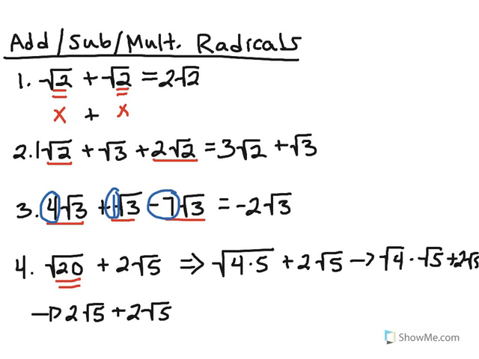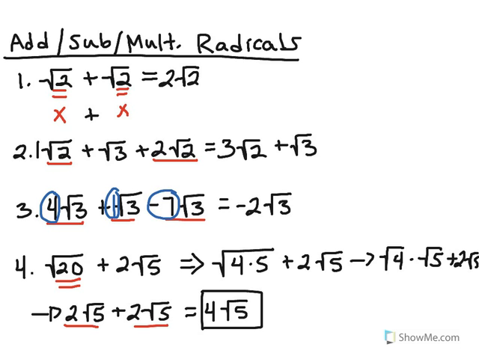Now I have like radicals, and I can combine them. So 2 square roots of 5 plus 2 square roots of 5 is 4 square roots of 5. And that's my final answer. So be a little bit intuitive, and if you get something that doesn't look prime or like a perfect square, try to simplify it and make a like radical.